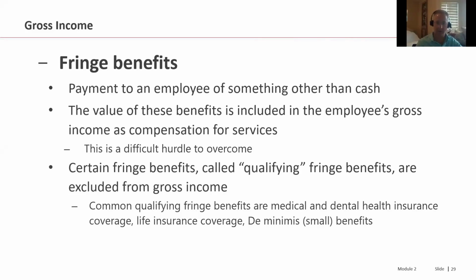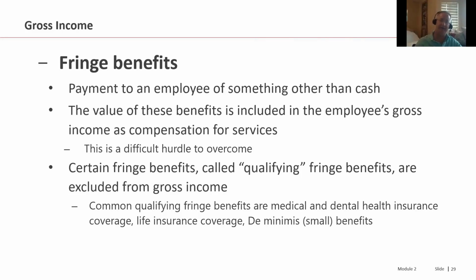And common qualifying fringe benefits are your employer can pay for medical and dental health coverage for employees, and the amount they pay is not includable in your gross income. They can pay for some amount of life insurance for an employee, and the premium that they pay on your behalf, not included in your gross income.